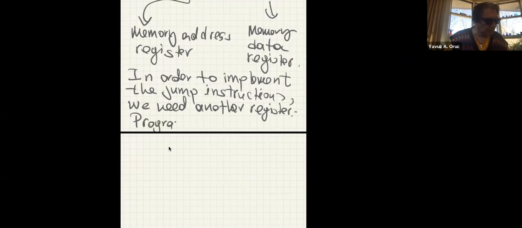Now, Intel calls it instruction counter, abbreviated as IC, or instruction counting, but we call it program counter, PC. This is an older verbiage than what Intel uses in its architectural representations.